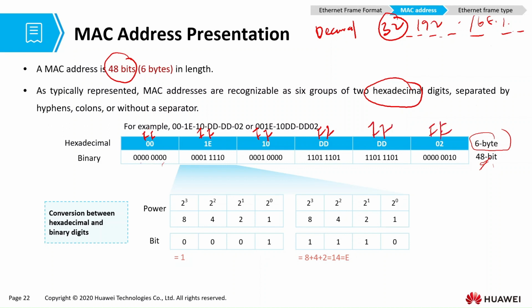But this one, if you look, it will be your unicast, your unique MAC address there. Remember MAC address, you have 48 bits. So how you convert is just like normally how you convert into binary.